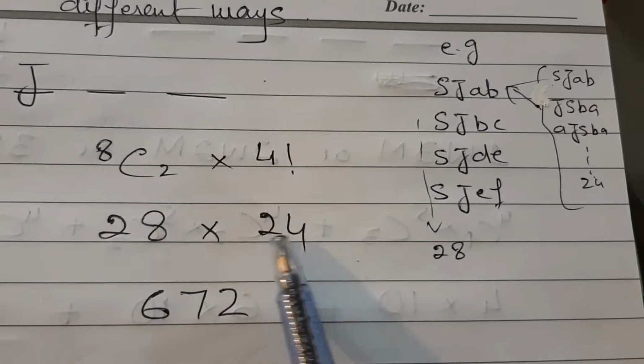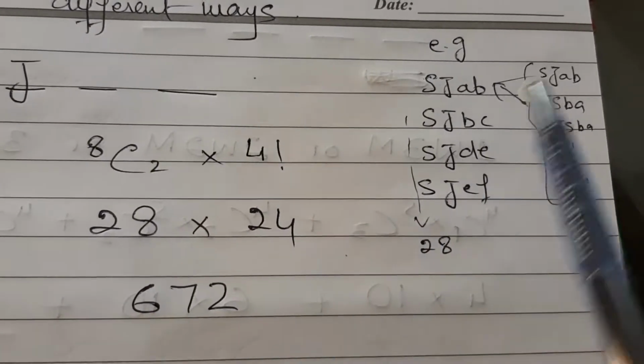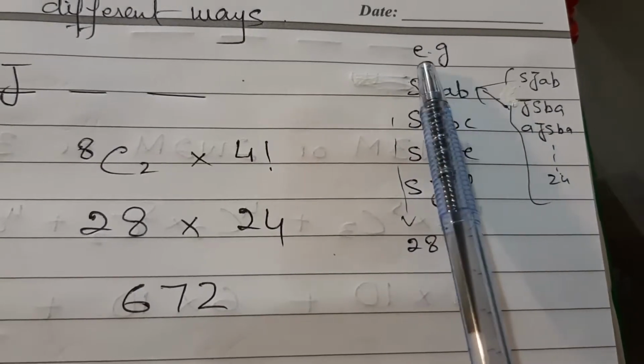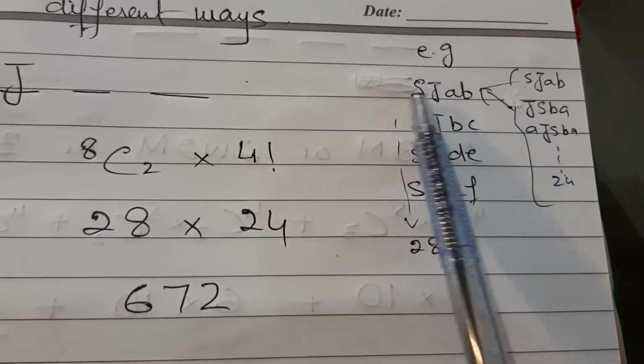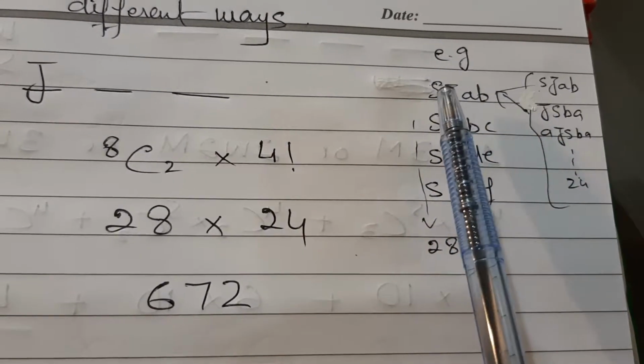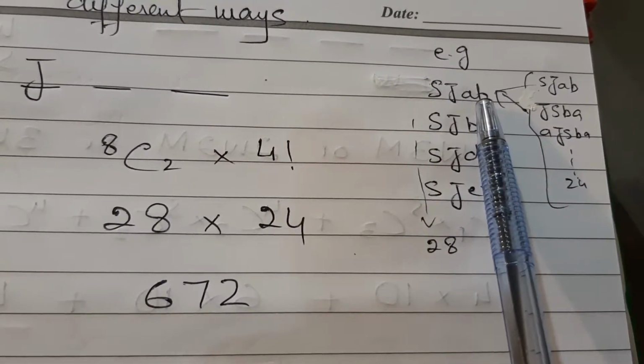Now, what is this multiplied by 24? Why? Because when I say 4 factorial, once I select S, J, A, B, in how many ways can I arrange S, J, A, B? Because these 4 people will get a position.